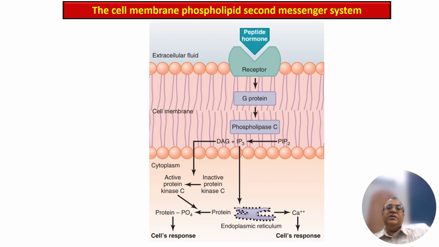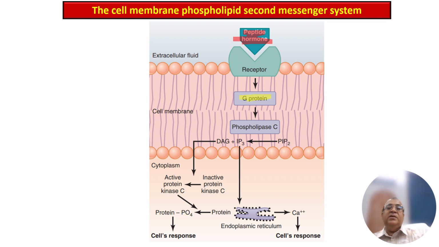This picture illustrates the phospholipase C diacylglycerol second messenger pathway, that is a key signal transduction pathway used by peptide hormones to trigger cellular response via G protein coupled receptors.